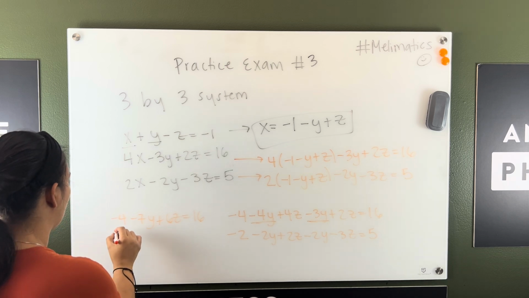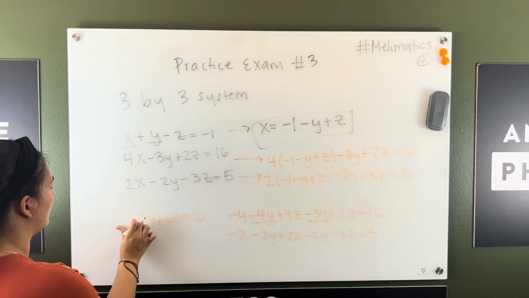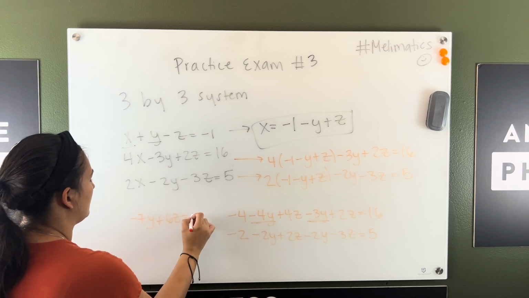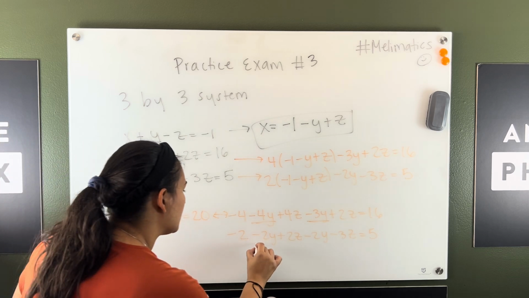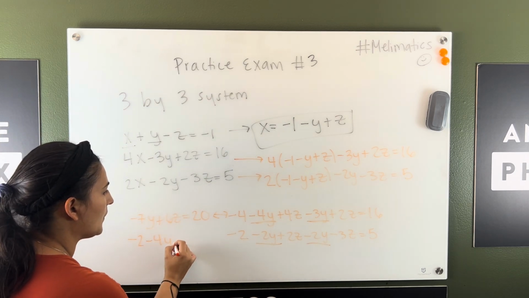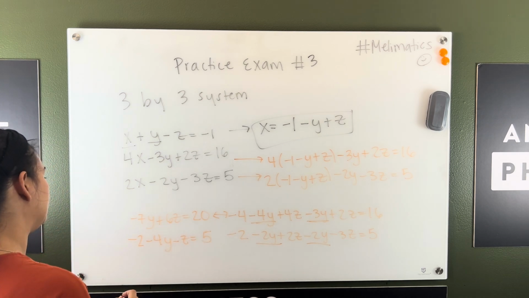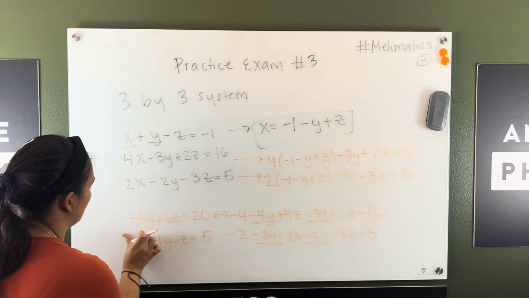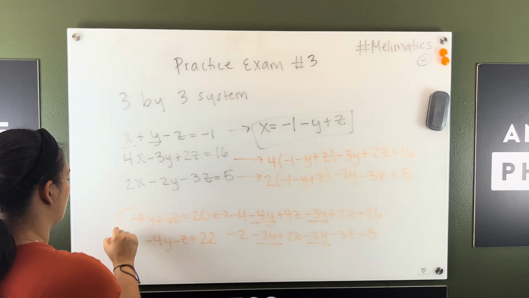Okay, and over here, when I put my like terms together, I can move this -4 to the other side by adding 4, right? So this is going to be 20 on the right. You can check it. For this side, I put my like terms together. And then of course I will add that 2 to have the number on the right hand side. Okay, so now you know how to solve this, right?